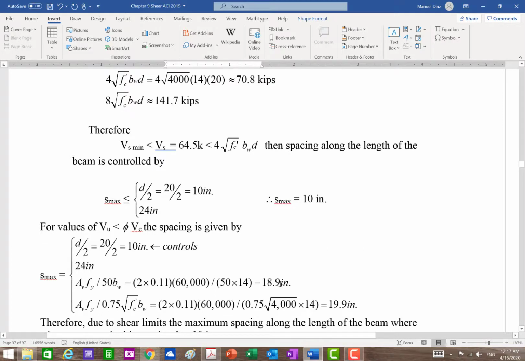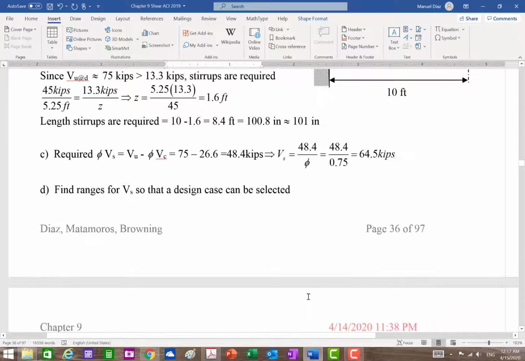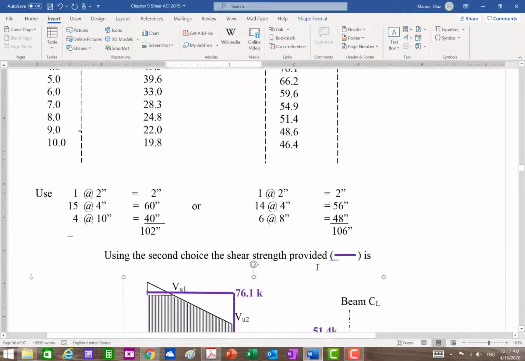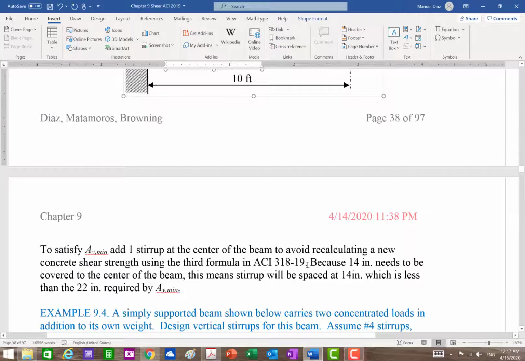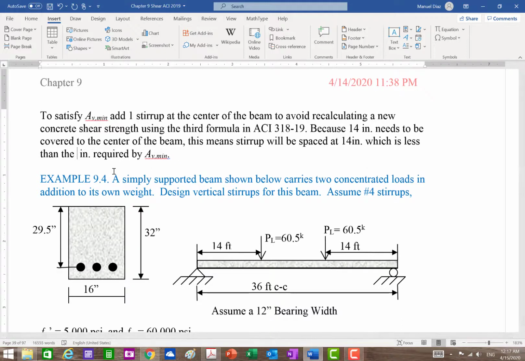Oh, 22 was the previous problem. Okay, so 19 is the minimum value, and make sure that we get that. So this right here is 120, right, to the center. 120 inches. We already used 106, so that means I need to cover 14 inches, and that is satisfied because this value happens to be 19 inches, right?